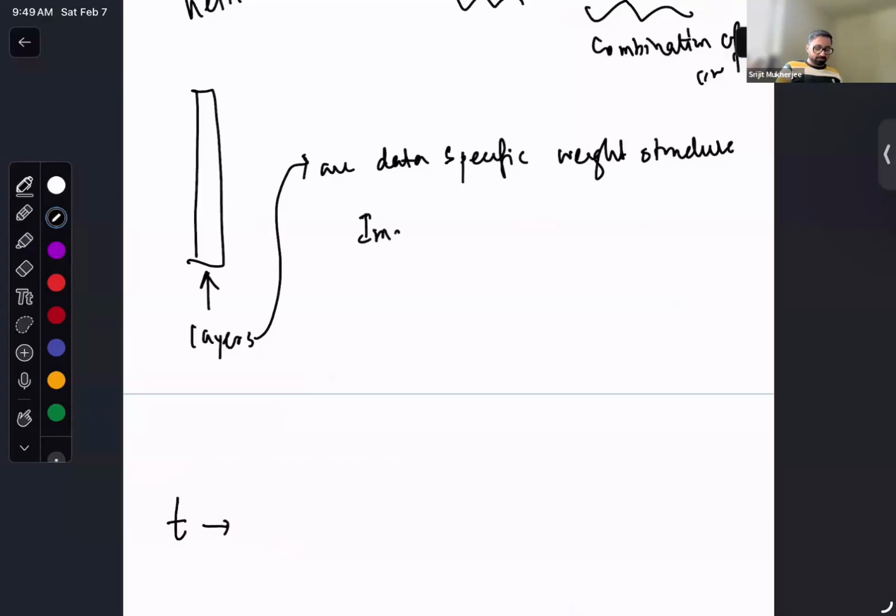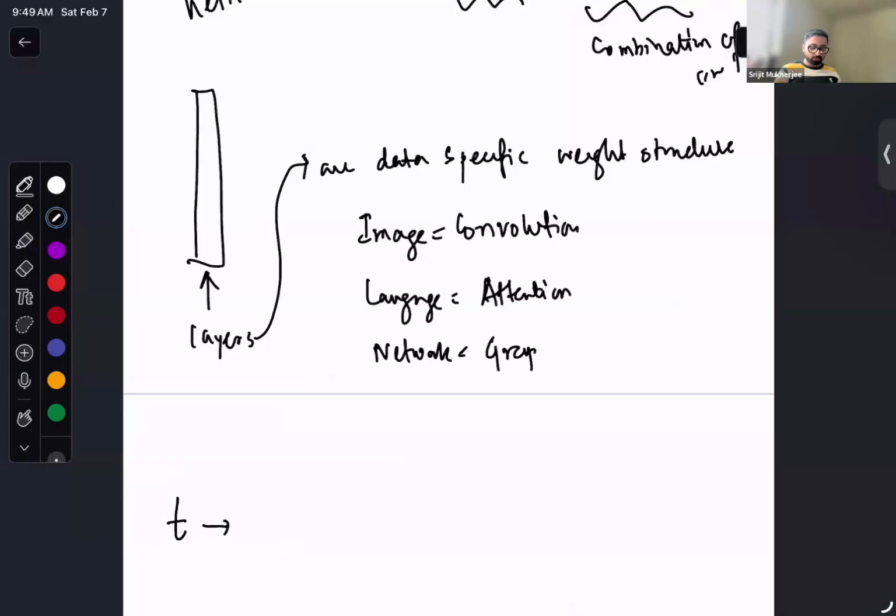In images, it's convolution. In language, it's attention. In a GNN, graph neural network, for graphs or social network data, it's graph convolution, or for protein data, it's network data, graph convolution.